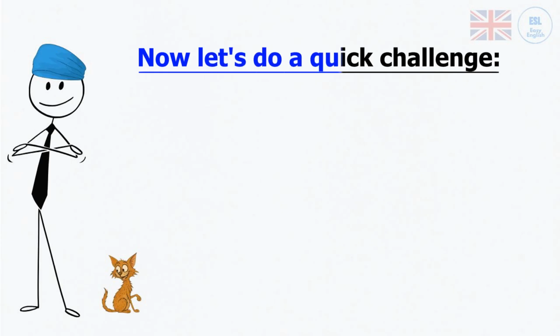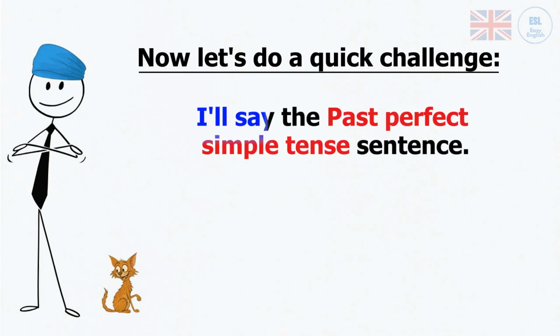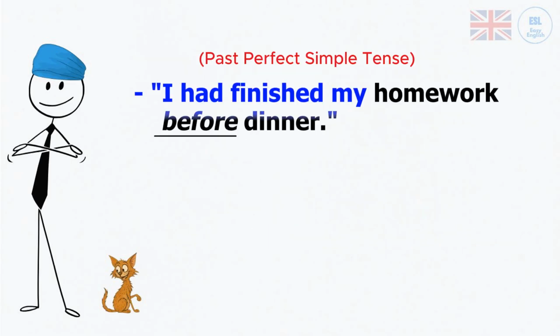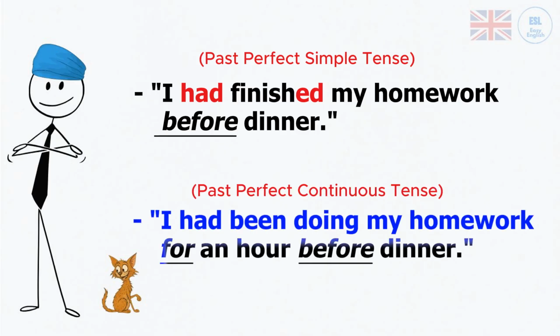Now let's do a quick challenge. I'll say the past perfect simple tense sentence, and you change it to past perfect continuous tense. I had finished my homework before dinner. I had been doing my homework for an hour before dinner.